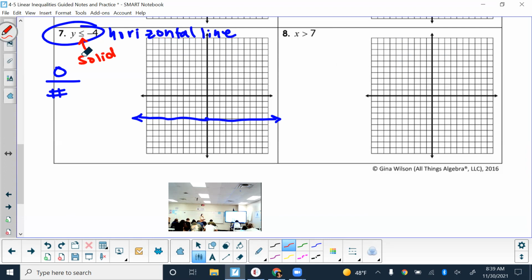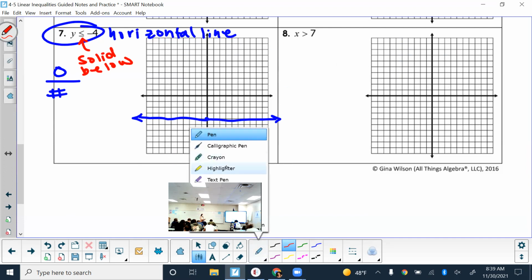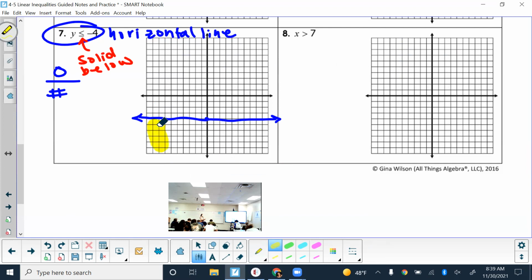And on this graph, it's pretty easy to see which region would be below, right? So shade below the line. And if you notice, everywhere that we shaded right now would be less than or equal to that -4. So we shaded it in the right direction. Any questions, comments?